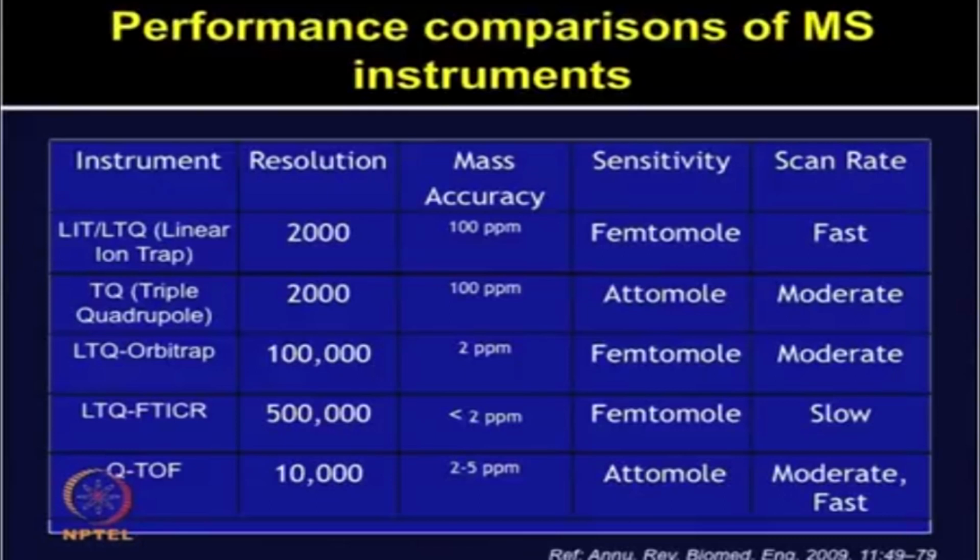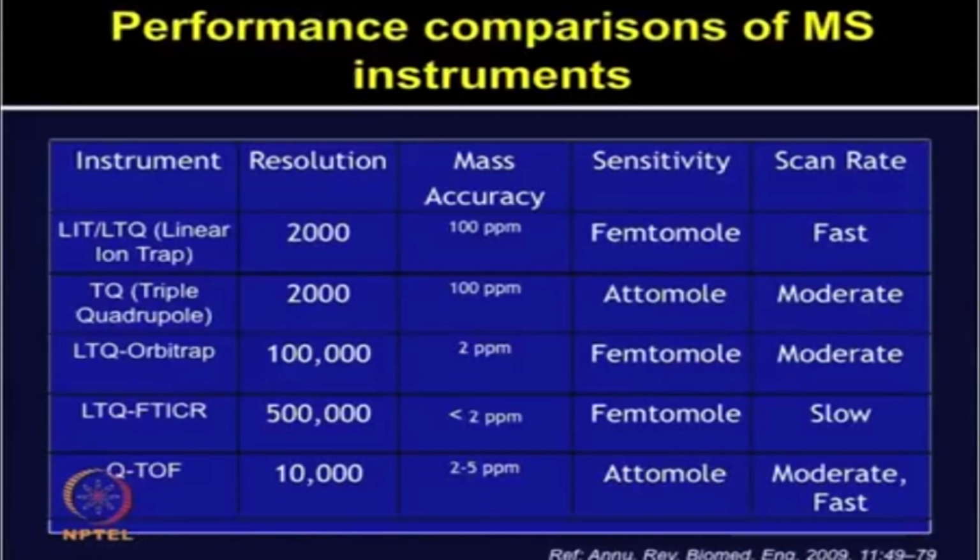The LTQ Orbitraps can provide high resolution of 100,000, mass accuracy 2 ppm, sensitivity in femtomole, and scan rate is moderate to low.